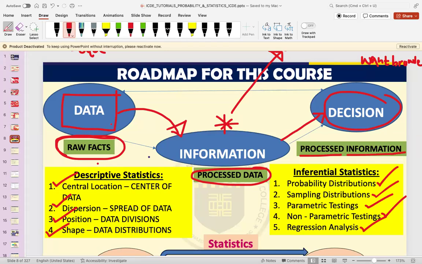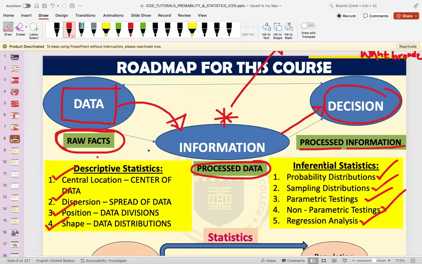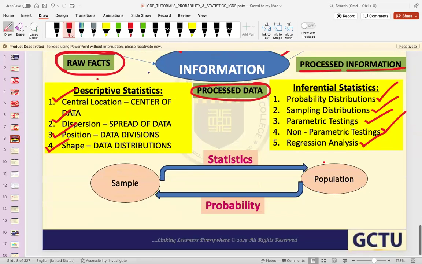We know where we are starting from, and then we know where we are supposed to end, which we can then relate to our field of information technology. In the process of that, there are two routes that we will use in achieving our roadmap. The first route is that we'll start from a sample.